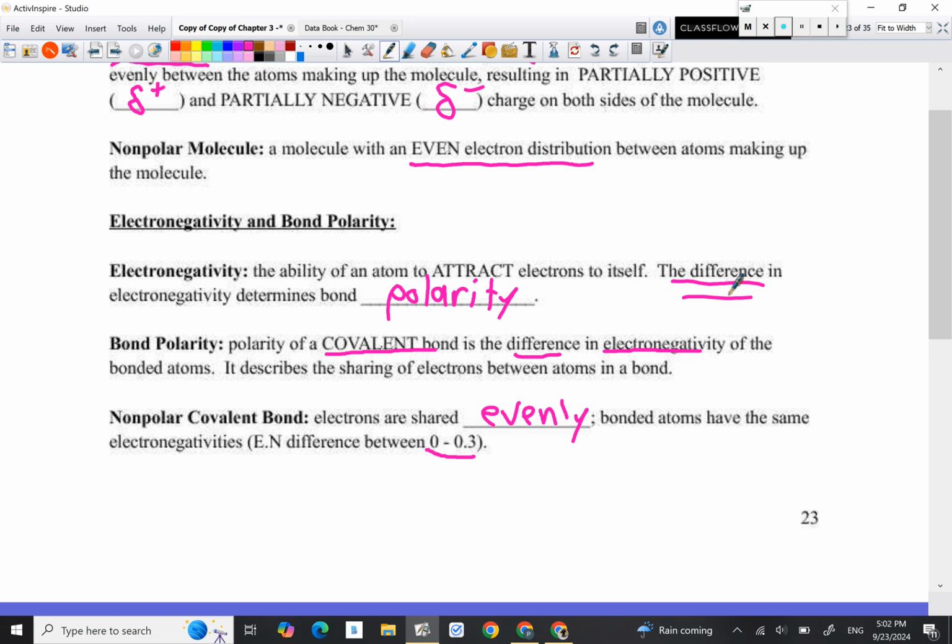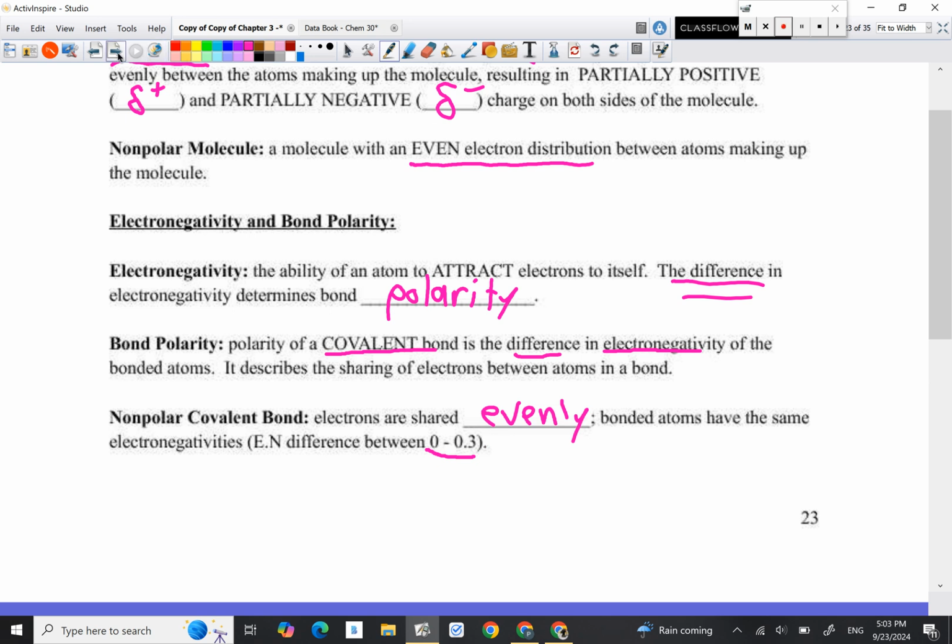I generally go with 0.3, because then molecules like methane, CH4, are nonpolar. But with H2S, that's technically a slightly polar molecule, and that bond is considered slightly polar, with a 0.4 difference. So to avoid confusion, I go between 0 and 0.3 for nonpolar.